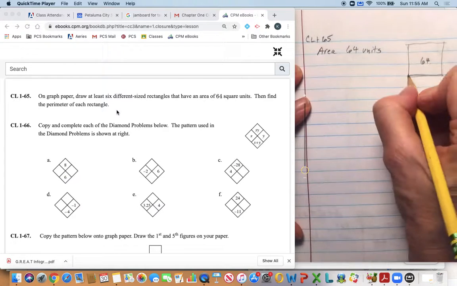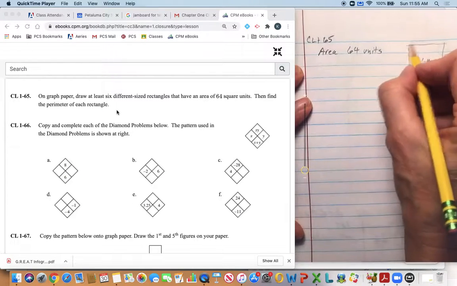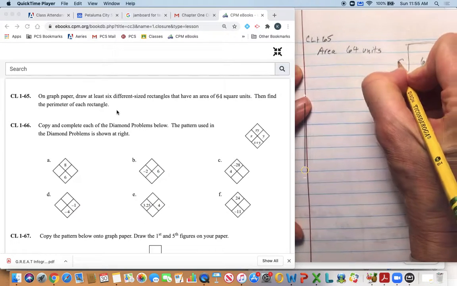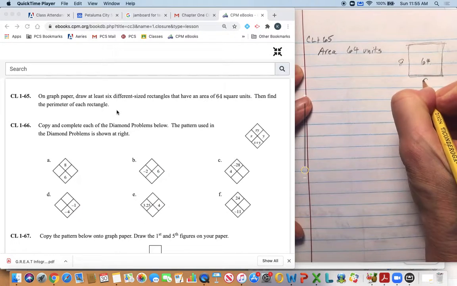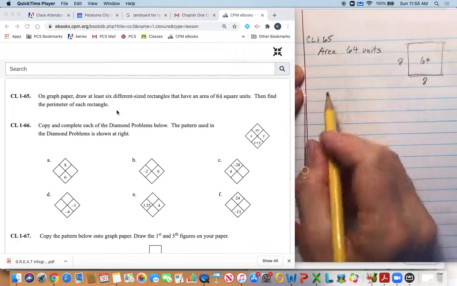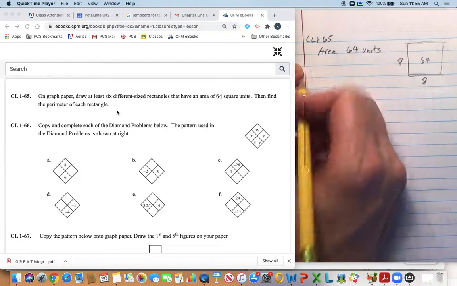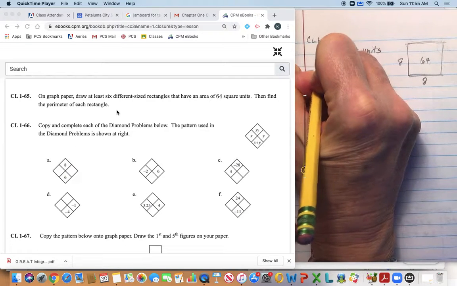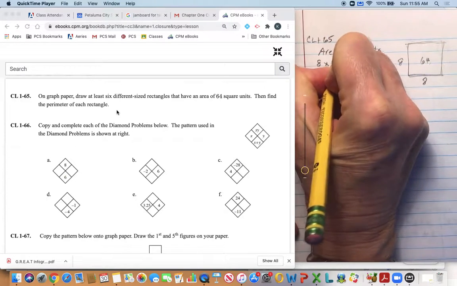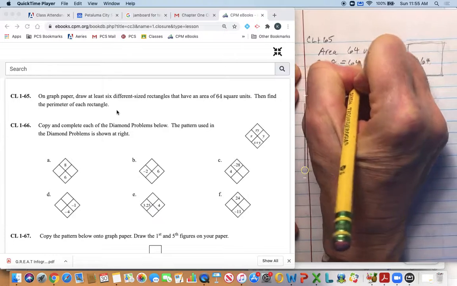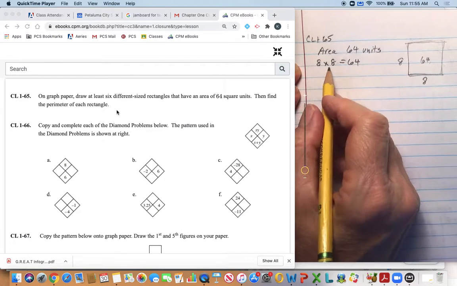All right, so I can think of one right away, like a square, which would be 8 times 8. And then I need to think of like 6 more. So I'm going to go ahead and say 8 times 8 is equal to 64. Then I have to think of other ones.